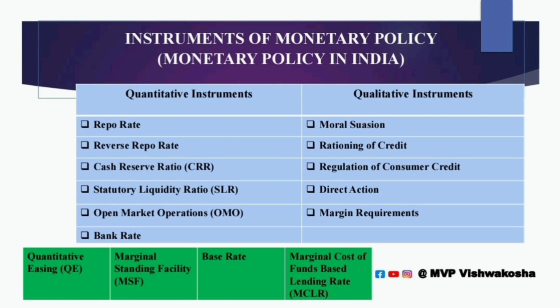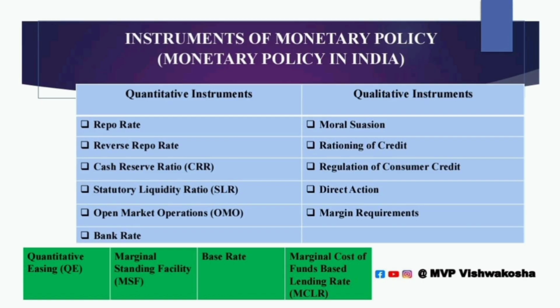The current rate is 5.75%. It is a key indicator for setting interest rates in the economy, and a higher bank rate discourages borrowing while a lower bank rate encourages it. This is what the bank rate is, currently 5.75%.